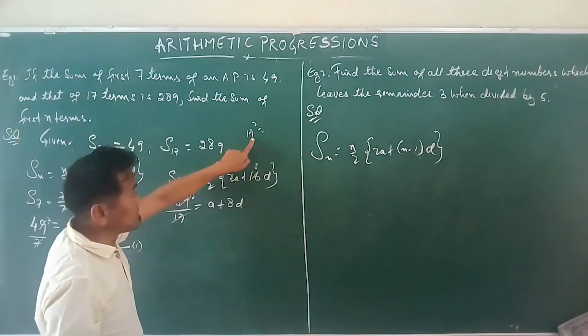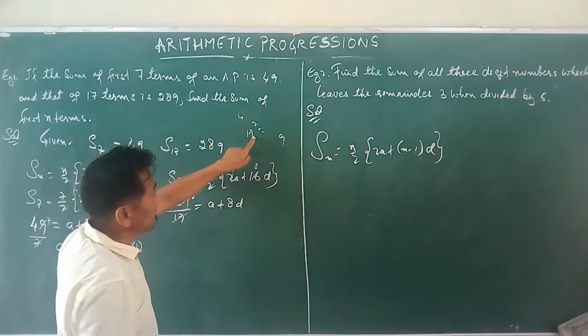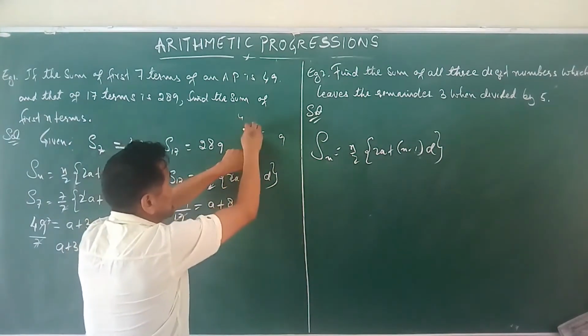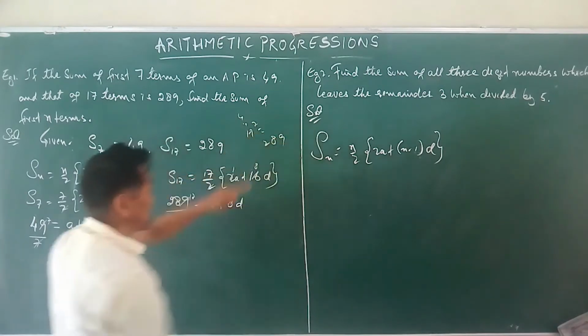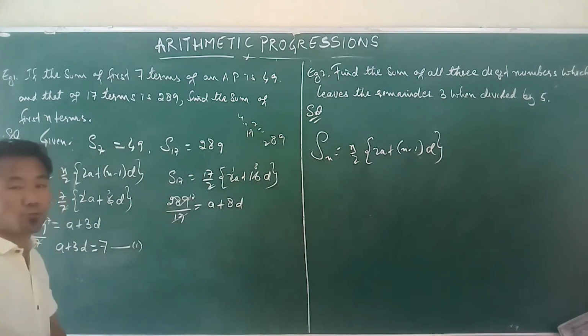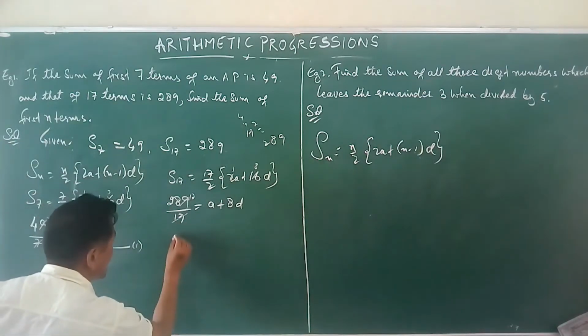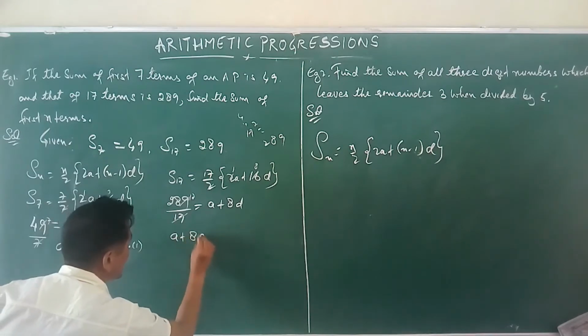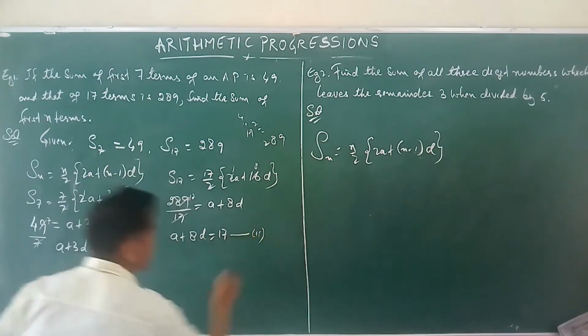As I told you, 7 sevens are 49, 4 left here, 9. 2 sevens are 14, 15, 16, 17, 18, 1, 8. And 1 one is 1 plus 2, 28, isn't it? So 17 into 17 we get 289. So what is the equation here? a plus 8d, which is equal to 17. So this is our second equation.